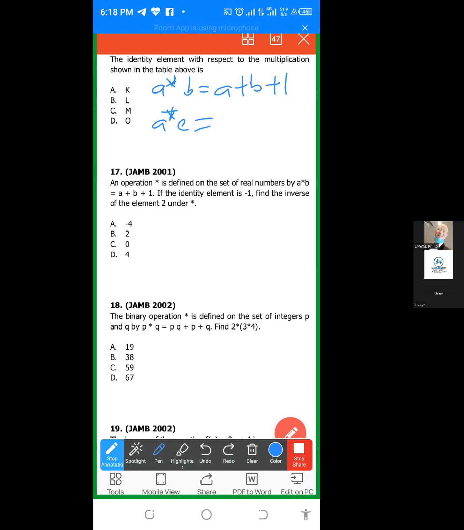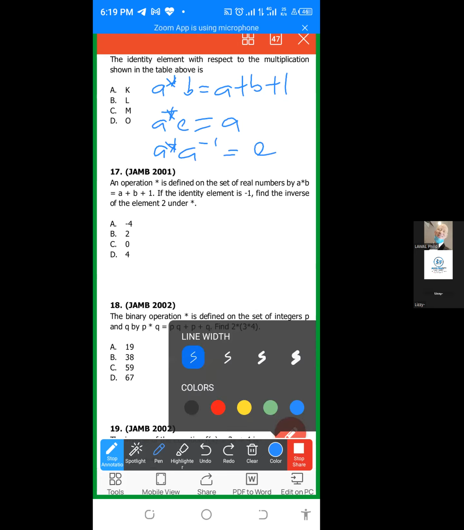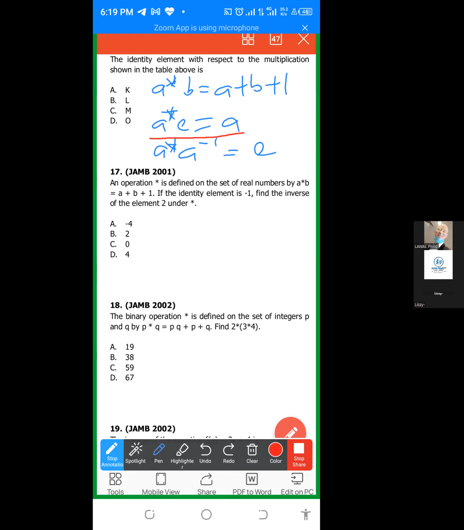They told us our identity element is -1. To find the inverse, A multiplied by the inverse of A must always result in the identity element. So this is the rule that I'm going to use to get the value of my inverse.